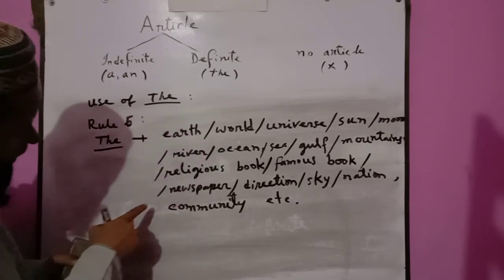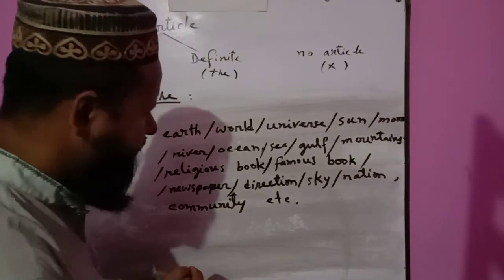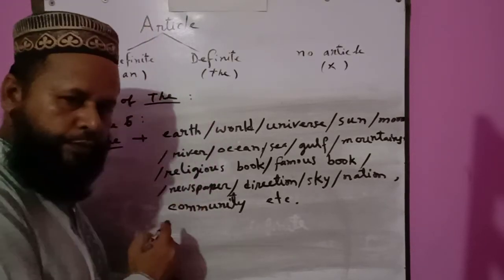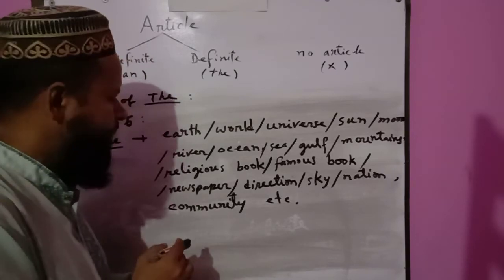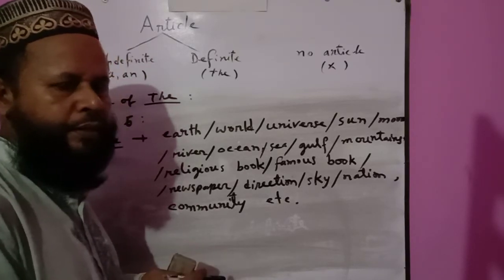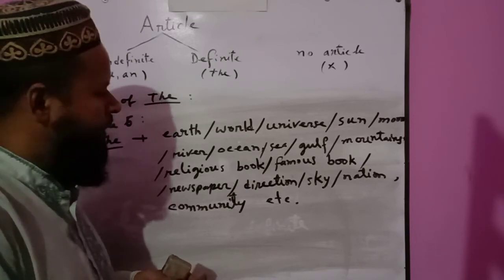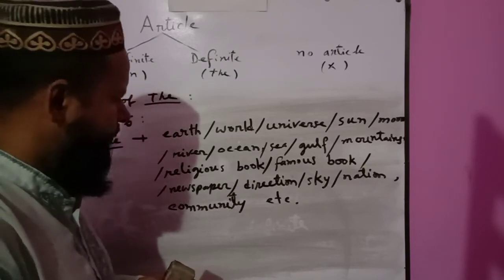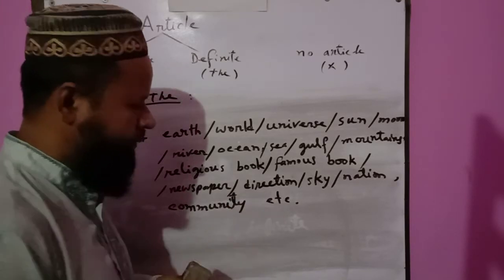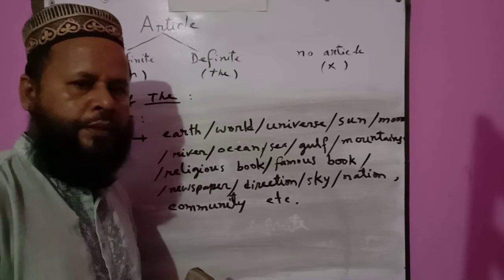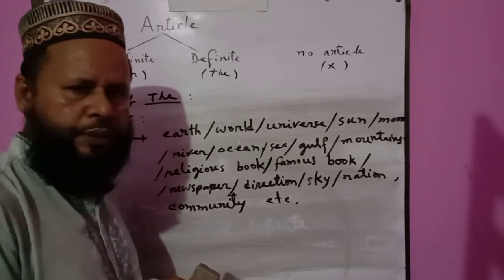Then newspaper. Name of newspaper, not newspaper, but name of newspaper. Before name of newspaper, we use the Ittifaq, the Inqilab, the Sangram, the Pratham Alo, the Jugantor, etc. Direction. Name of direction. The east, the west, the south, the north.